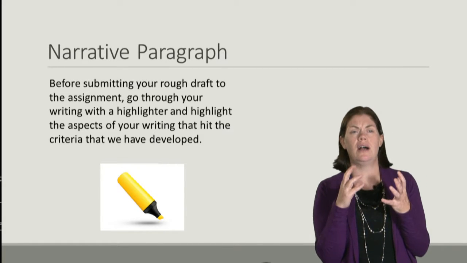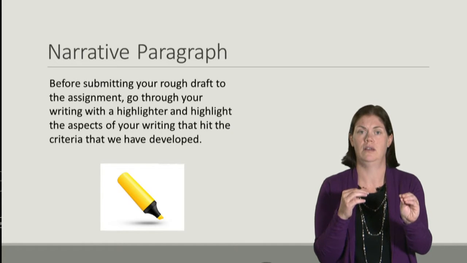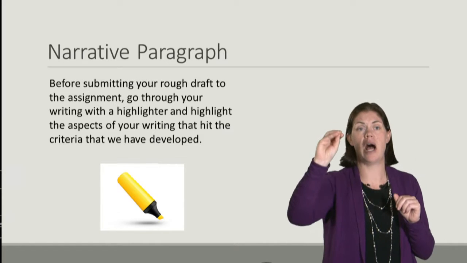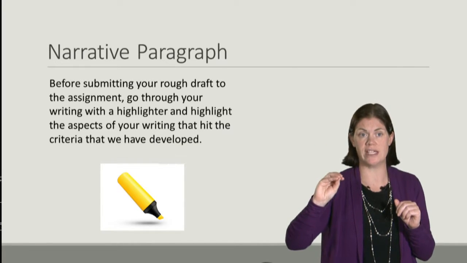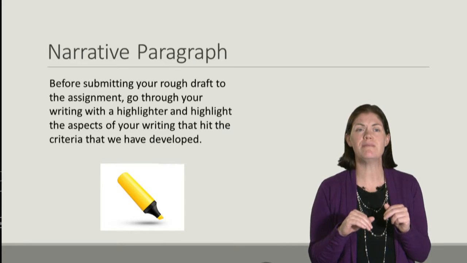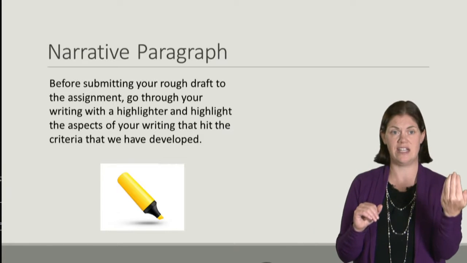I really want you to highlight those aspects where you think you're hitting the criteria, okay? This is where I am creating great detailed word choice, and highlight it, okay? That sort of thing. Just to make you guys start seeing the connection between your own writing and the criteria.